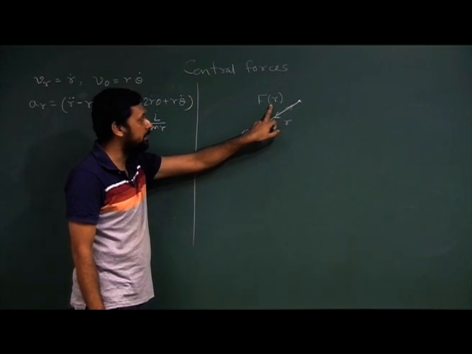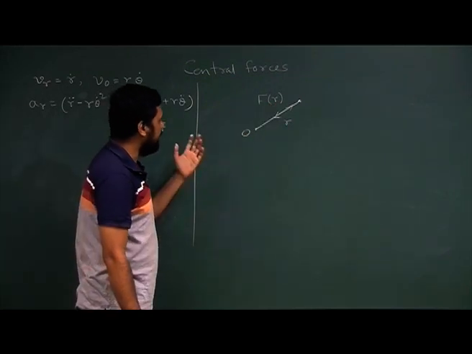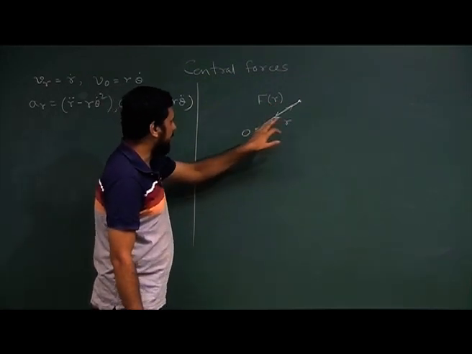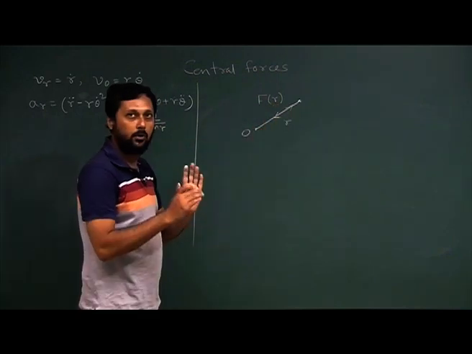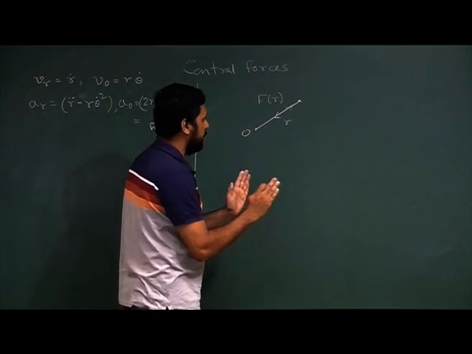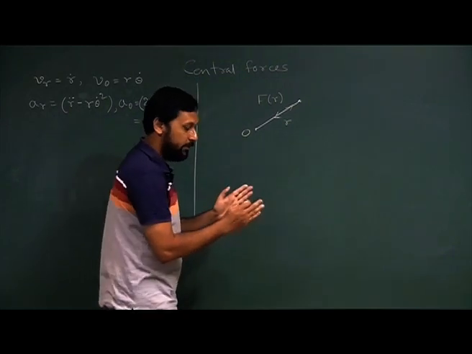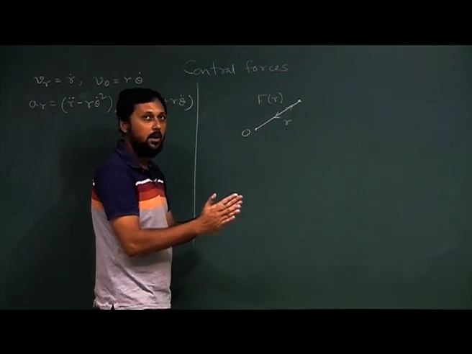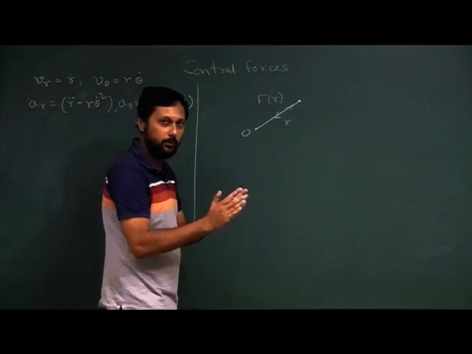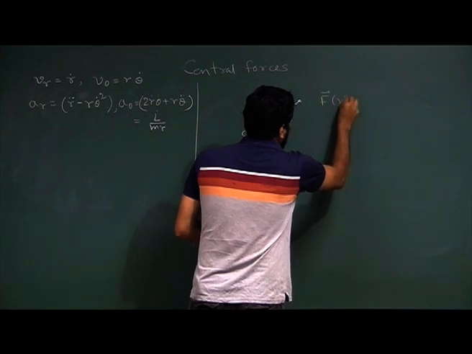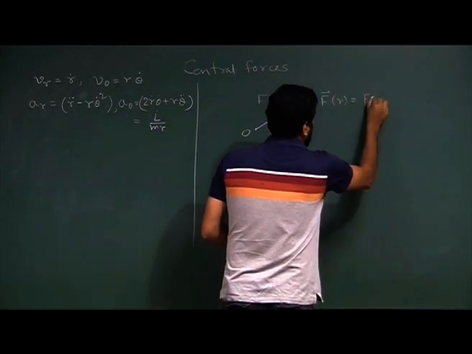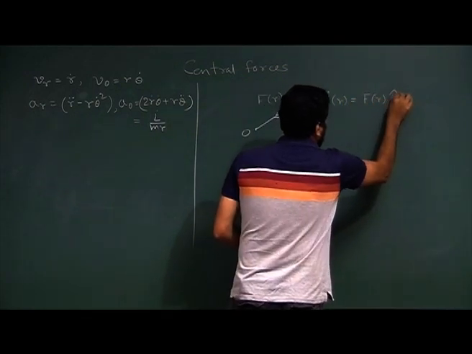There cannot be any theta dependence, or any other dependence except on the distance. Right now we are discussing the general nature of the force law, we are not talking about any specific force component. So, F r can be written as F(r) r cap.